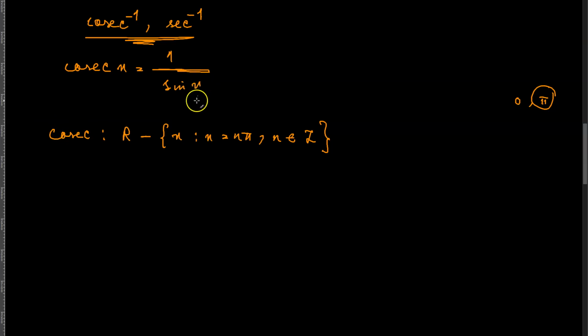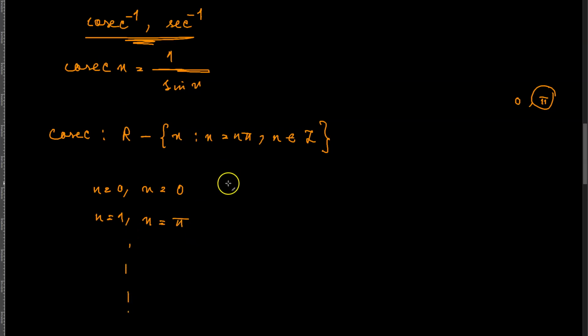And the reason for that is that at these points, for example, at n is equal to 0, then x is equal to 0, at which point sine is equal to 0, cosecant is undefined. At n is equal to 1, then x is equal to pi, at which point sine is equal to 0, and then cosecant is undefined, and so on.